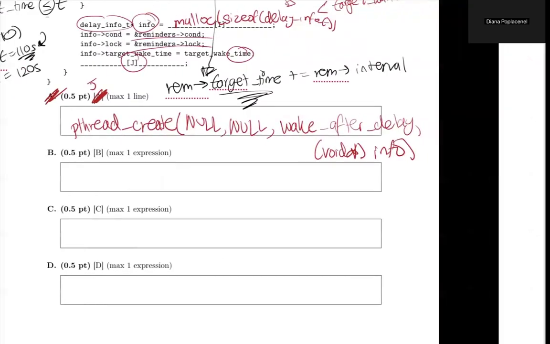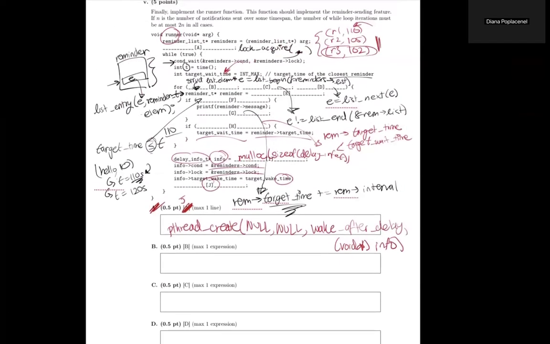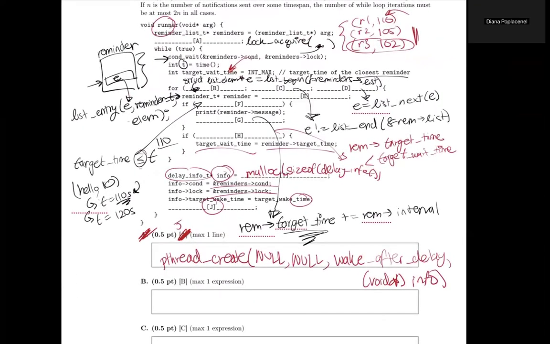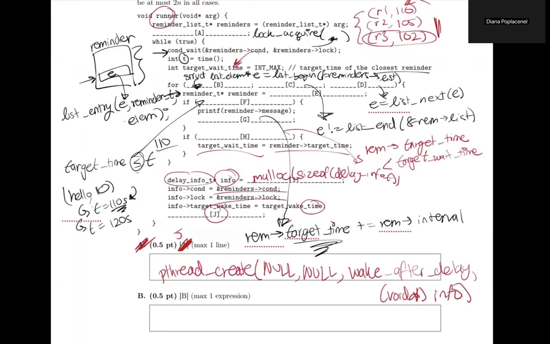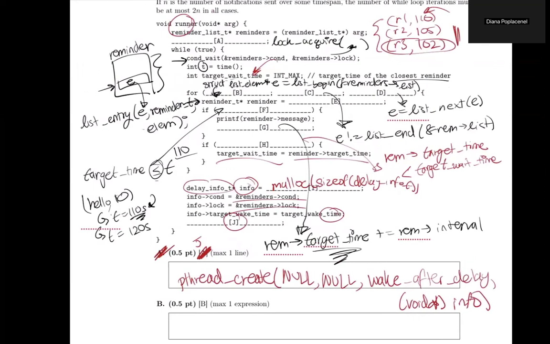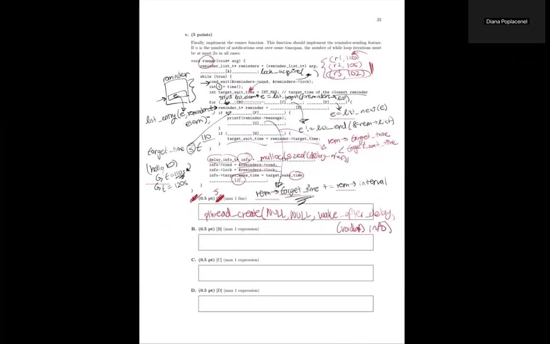Okay, so one more time, you are creating a thread that is just going to keep running and running. That does the following. First, it's going to wait for some specified amount of time. When does this get signaled? Well, it gets signaled in wake after delay when we no longer need to sleep, or more so, a message needs to be printed.